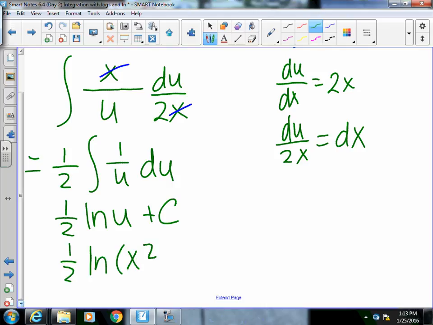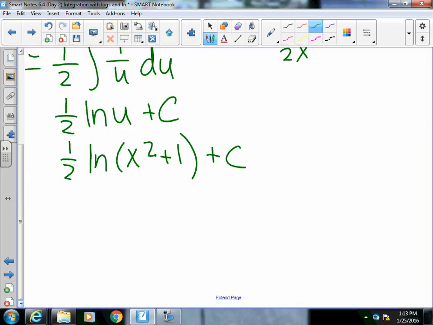Ln of x squared plus 1 plus c. With the 1/2 out front, we could also move that power up and write it as ln of radical x squared plus 1 plus c, because x squared plus 1 to the 1/2 is the same thing as a radical. So there's another option.